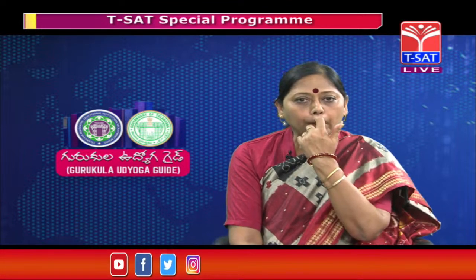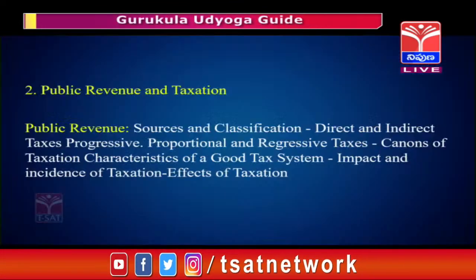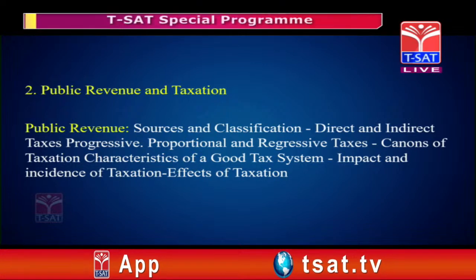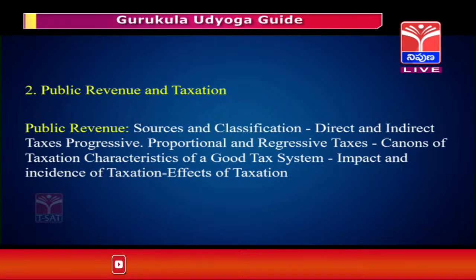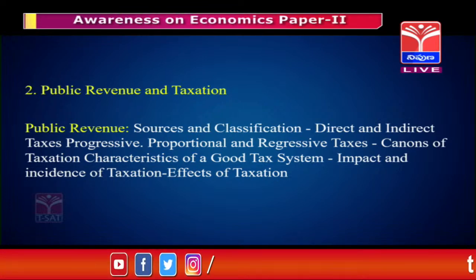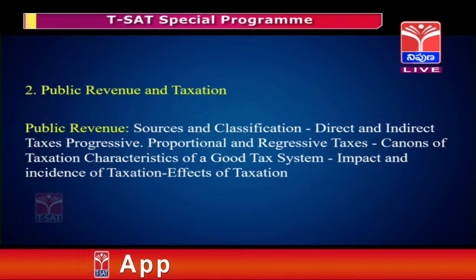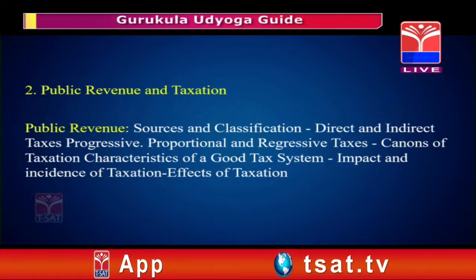When you talk about public revenue, the main source is taxes, and taxes are divided into direct taxes and indirect taxes. Whenever we buy a commodity, we pay GST to the government. Goods and services tax is divided into central GST and state GST, SGST.